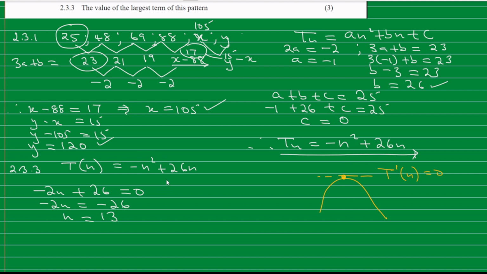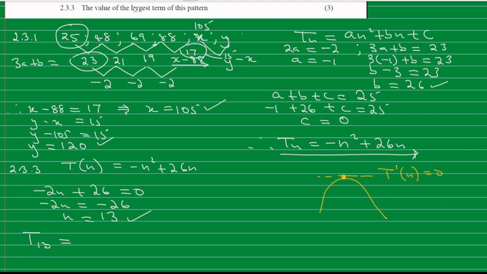Now, deriving here, it is giving us the position of that term. Because we are calculating n here, the n tells us the position of that term. So now we want to find the largest term. What is the term itself? Our term is Tn, which means our term is T13.